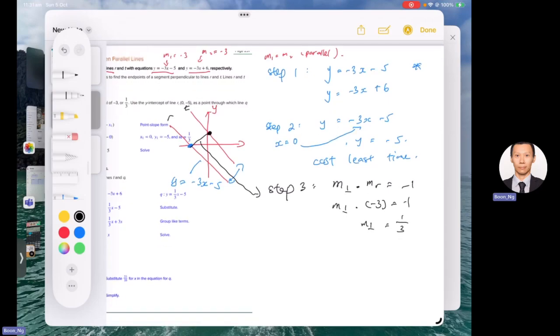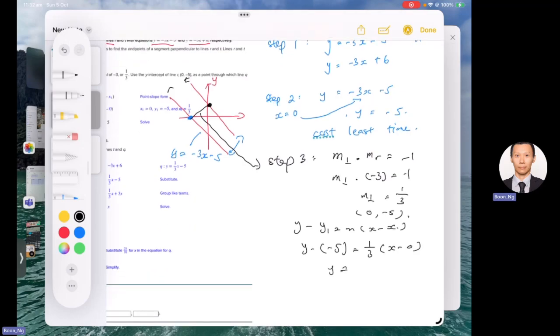So we have the coordinate: slope is 1/3, coordinate is 0, -5. Using this, we can substitute into this equation: y minus y1 equals m times x minus x1. y minus -5 equals 1/3 times x minus 0.